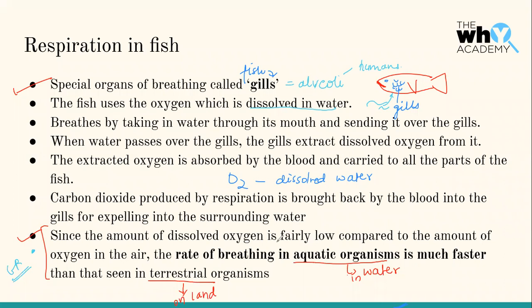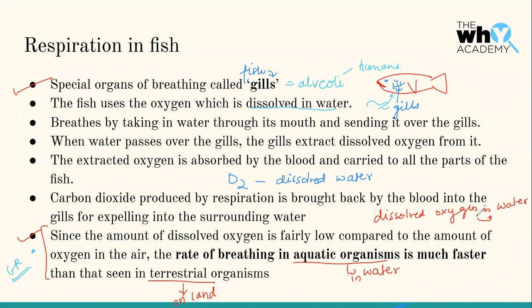Basically, breathing at a faster rate means they would be taking in air and giving out air in a much faster time compared to us. So why is that is our give reason question, and the answer is that the amount of dissolved oxygen is fairly low compared to the amount of oxygen in the air. So when you're considering the dissolved oxygen in water, the amount of oxygen present in this form is considerably low.